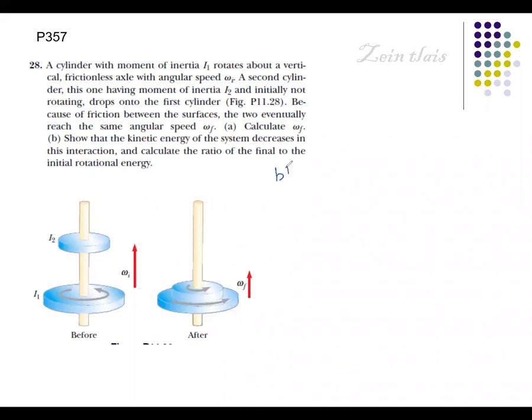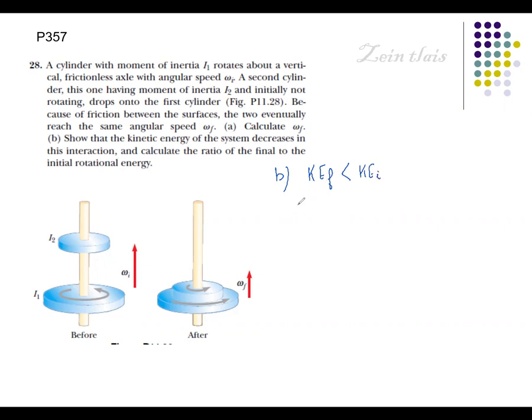Part B. Show that the kinetic energy of the system decreases in this interaction and calculate the ratio of the final to the initial rotational energy. So we have to show that the kinetic energy final is less than the kinetic energy initial.